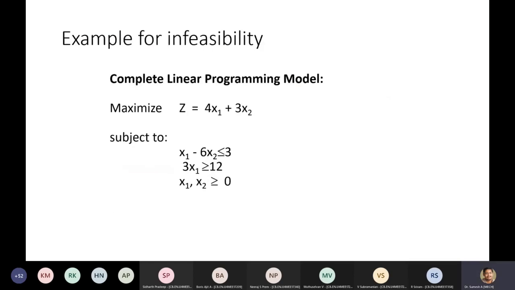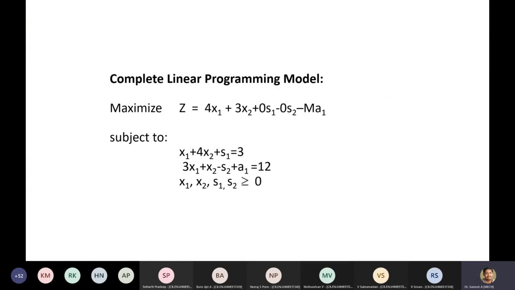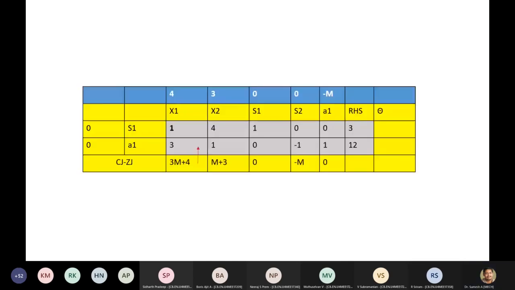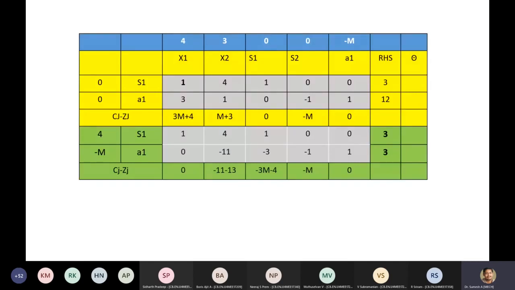Now, the infeasibility we have already discussed. Converted into standard form, I have gone for the Big M method. So 3M plus 4 A1, got my first condition, went into the next condition. What happened? It is Cj minus Zj.